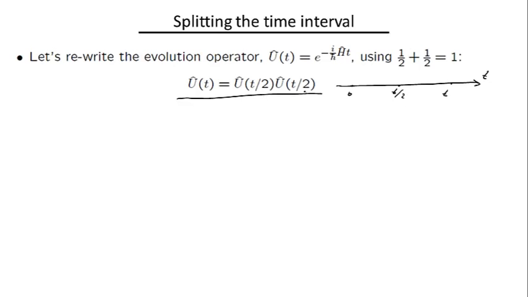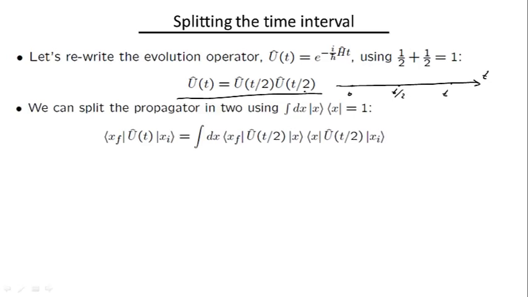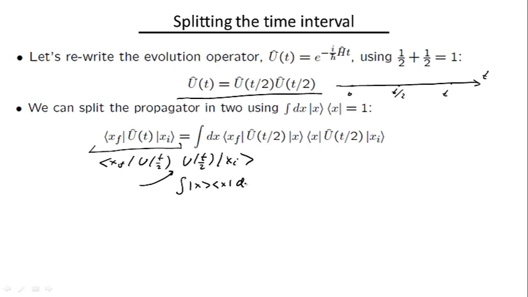Now, if we focus on the actual propagator, which is the matrix element of this evolution operator between the initial point xi and the final point xf, we can write it as xf, u of t over 2, u of t over 2, xi, and insert here the resolution of the identity that we discussed on the previous slide.